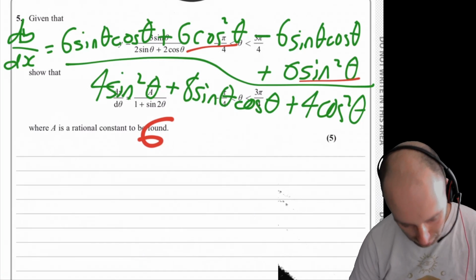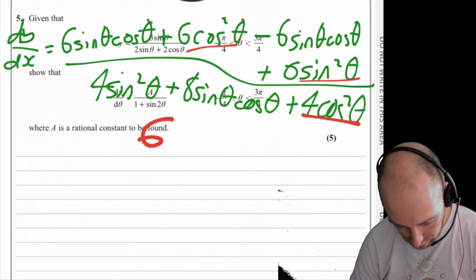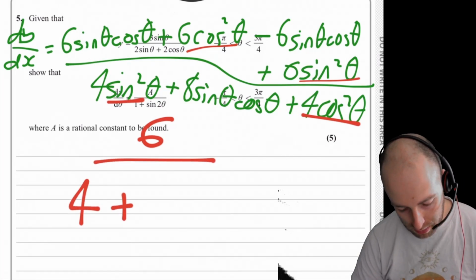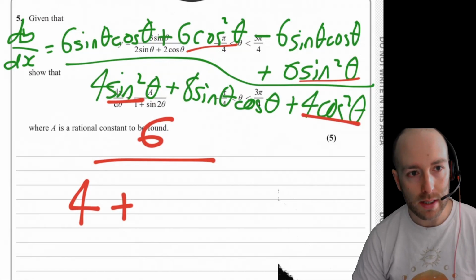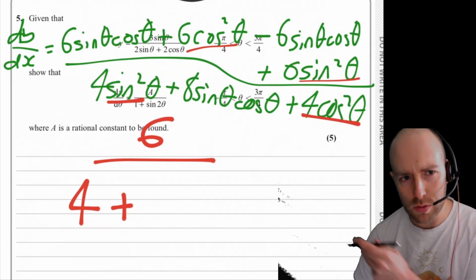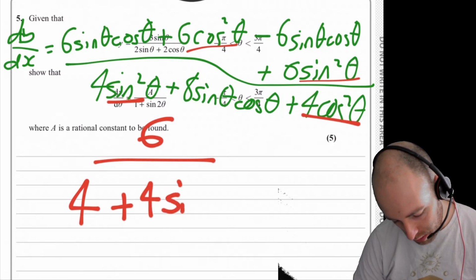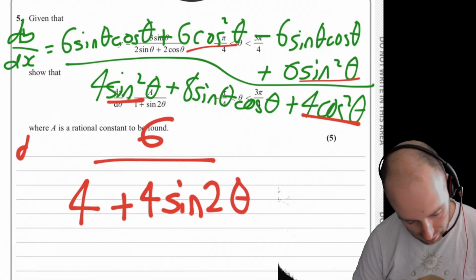And then on the bottom, the sine squared and cos squared add together to give us 4. Plus 8 sine theta cos theta. Well, that's 4 lots of sine 2 theta. So we use a double angle formula there. So 4 lots of sine 2 theta.